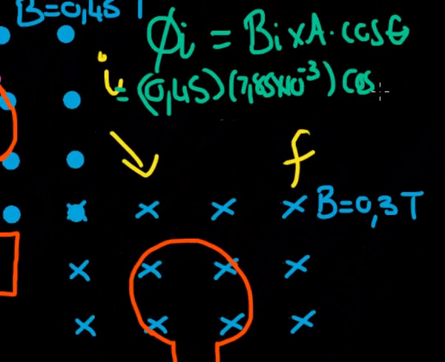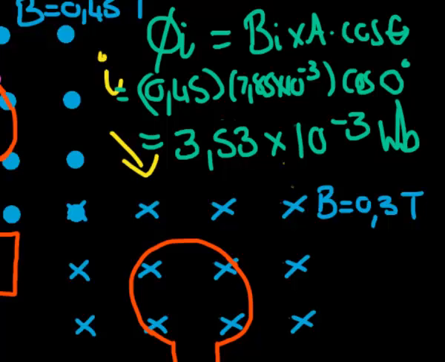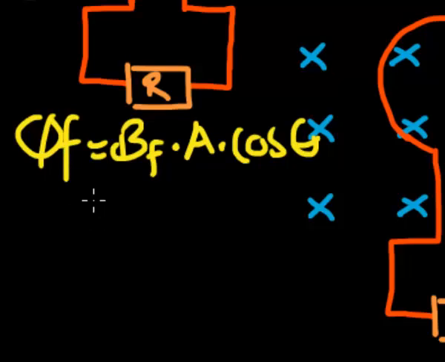Now, our angle between the normal of the coil and the magnetic field will be 0 degrees, and that means cos of 0 gives us 1. So our initial magnetic flux ends up being 3,53 times 10 to the power negative 3 Weber. In calculating my final magnetic flux, we'll be using our magnetic field of 0,3.